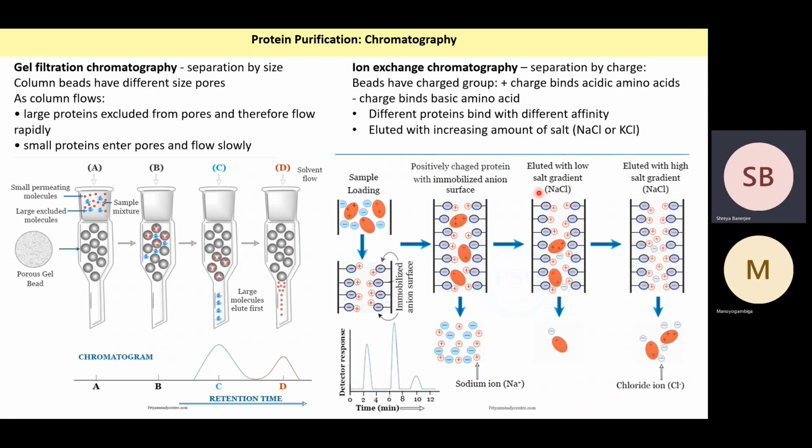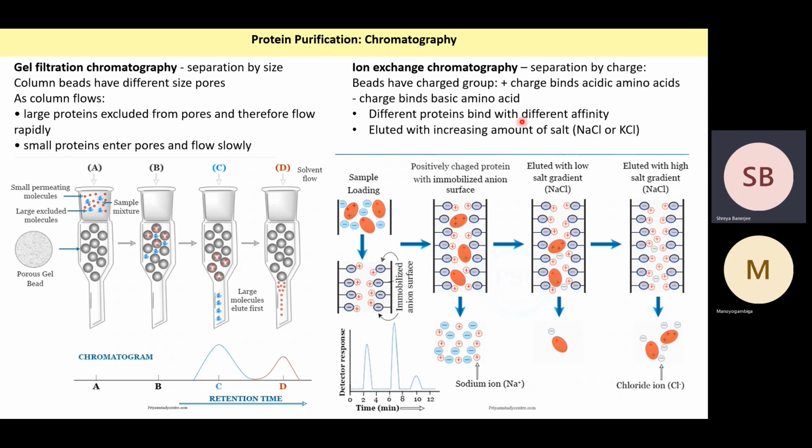Next, if you add a certain amount of salt like NaCl, that will neutralize your positively charged proteins, and the positively charged protein will flow out next. So basically in this column, you are separating based on charges.